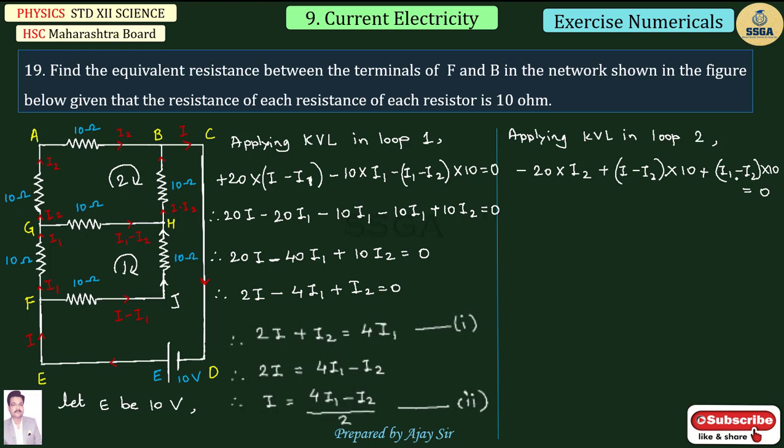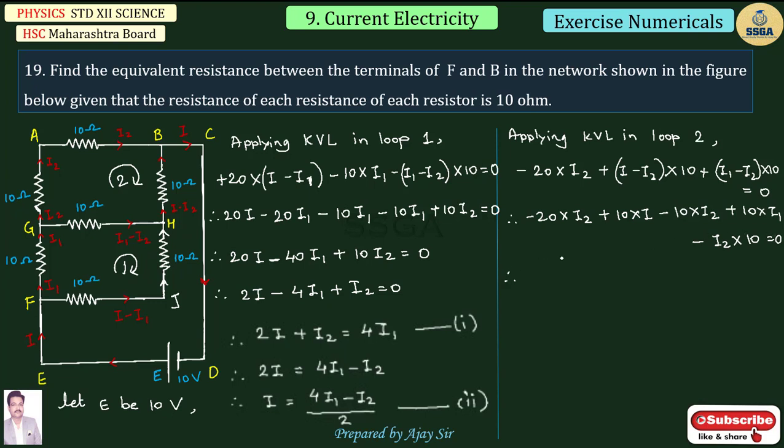Let us simplify this. Minus 20 into I2 plus 10 into I minus 10 into I2, multiplying the 10 inside, plus 10 into I1 minus I2 into 10, which is equal to 0.